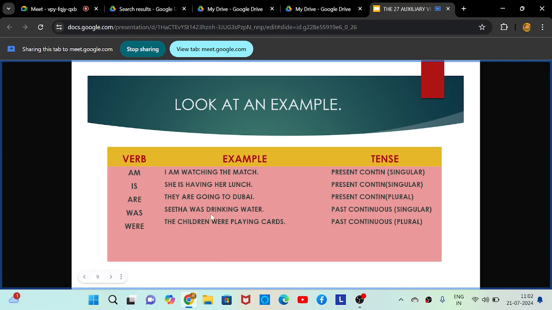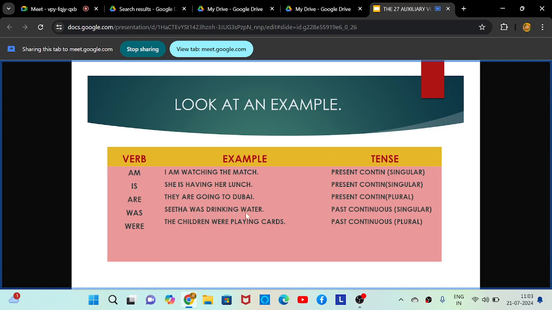Next is was. Sita was drinking water. That's in past continuous tense. Again singular, Sita is singular. Because is, are, am are present, was and were are in past tense.